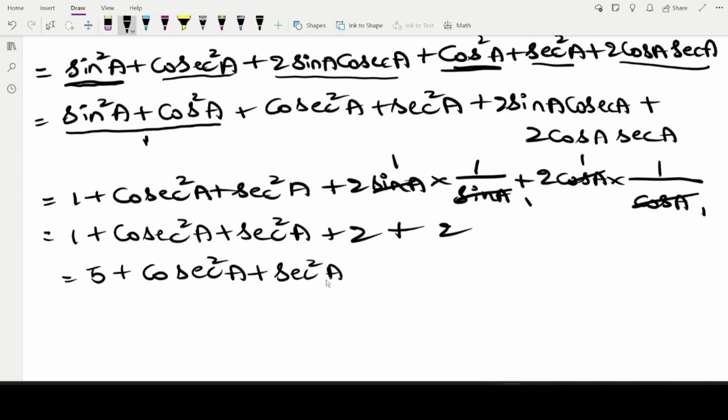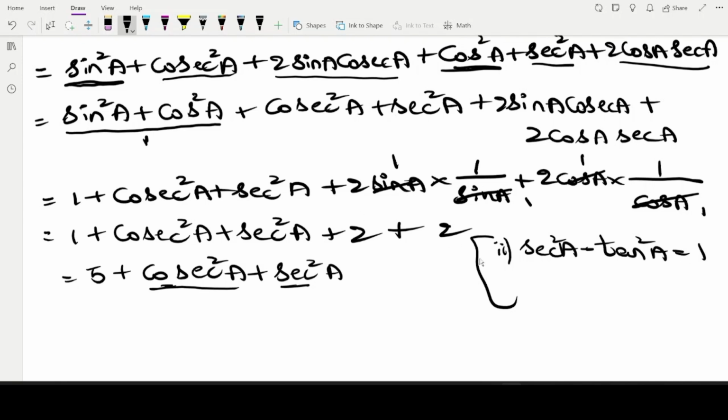In the RHS part, you can clearly see that the RHS is in tan and cot, and we know that there is a connection between cosecant and secant with both tan and cot using the trigonometry identities. The second trigonometry identity states that secant square a minus tan square a is equal to 1.